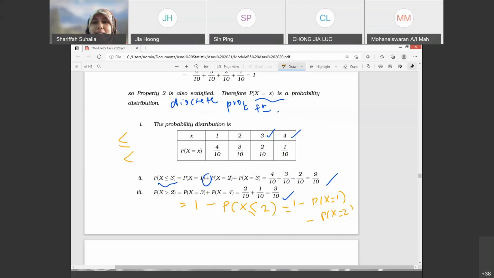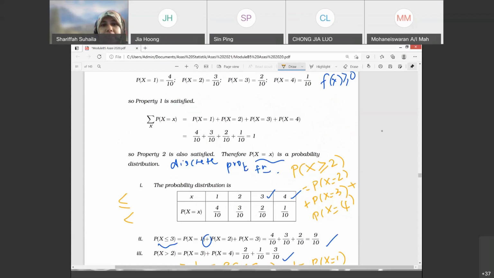Okay, for example, let's say you want to find probability x greater than or equal to 2. That means you will have x equals 2, x equals 3, until x equals 4. Or using the same thing, you have 1 minus probability x less than or equal to 1.